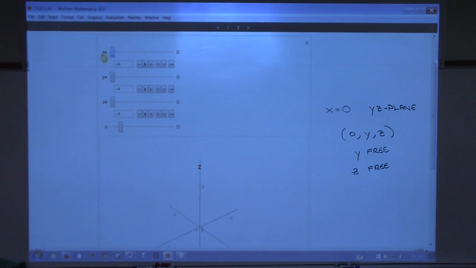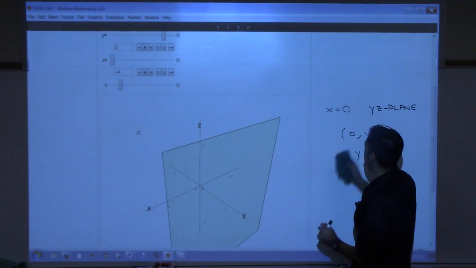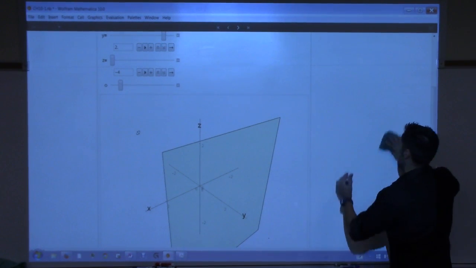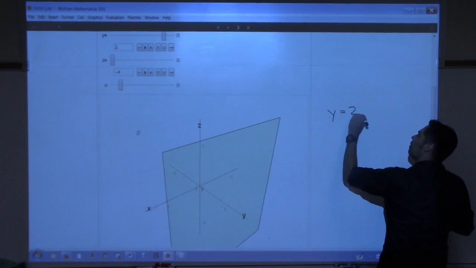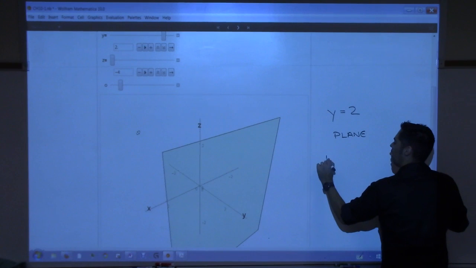What if I let y be 2? This would be a plane, right? Y is 2 is a plane. It's parallel to what plane?